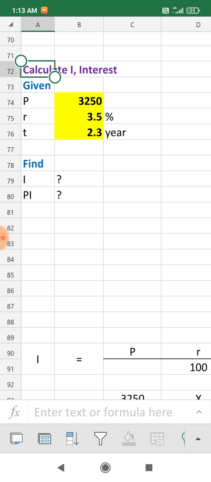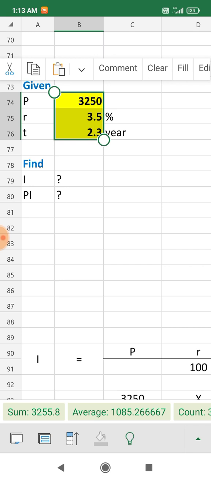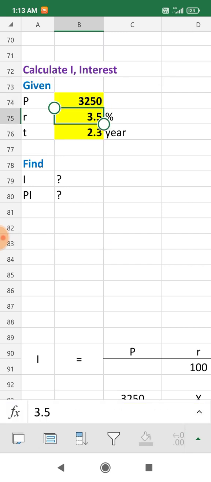In case of calculating the interest, these 3 pieces of information must be given in your question. Just write these 3 numbers. What is the amount being invested?